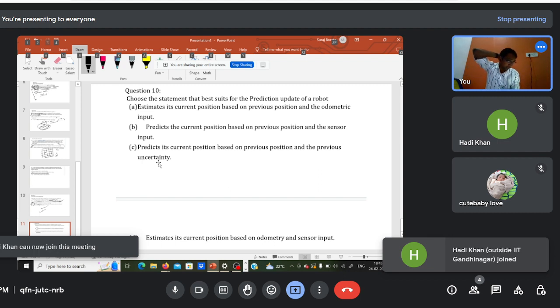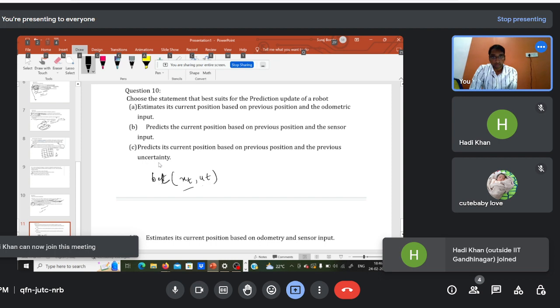When we say prediction update, it means that we are using the motion model, the belief of x_t.